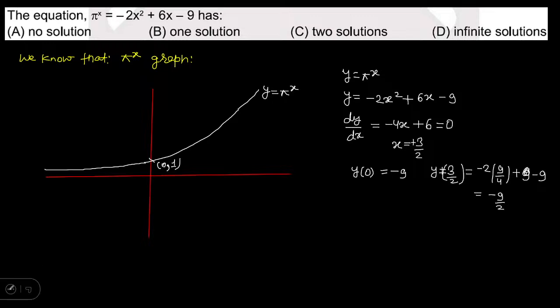So if we try to plot that graph on this, we have a number line, 3 by 2, plus minus, decreasing, increasing. So f(3 by 2) is minus 9 by 2, and f(0) is minus 9.